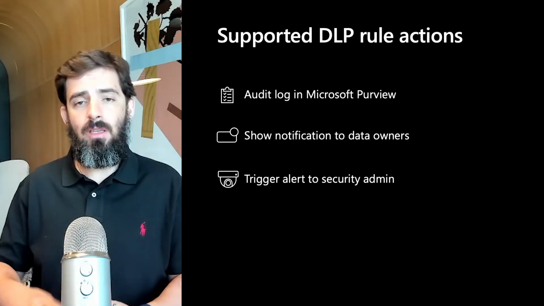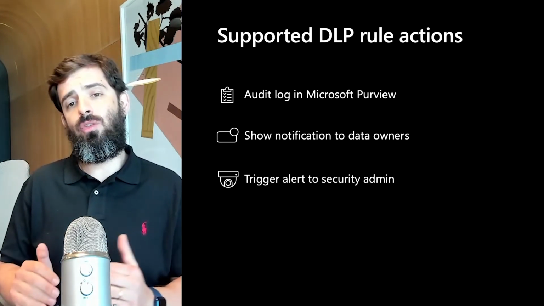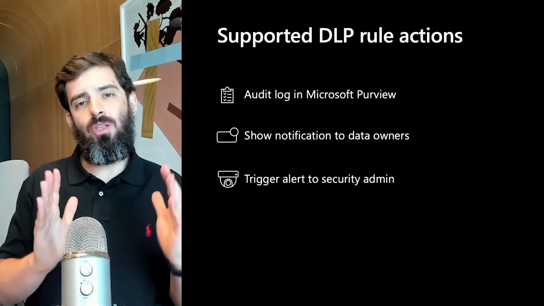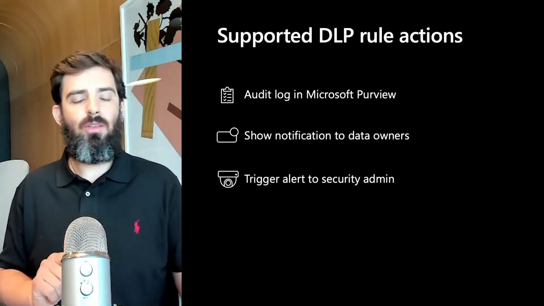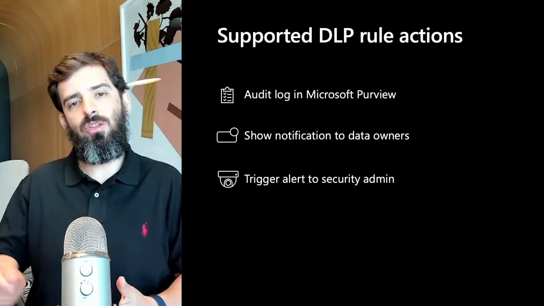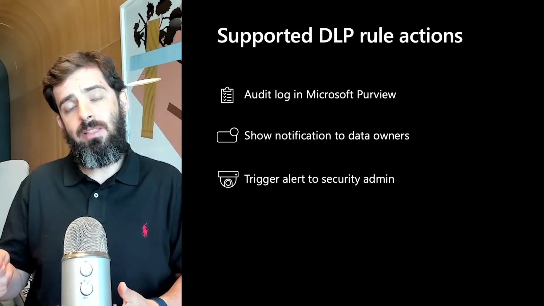And the last one is automatic alerting. So if you have a DLP team or security team or governance team that monitors such activities, they don't need to eyeball the audit logs or build custom solutions. They can just leverage the out-of-the-box alerting that DLP policies have.